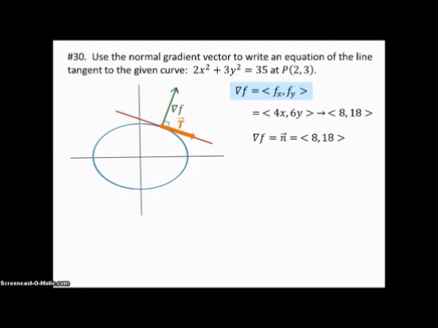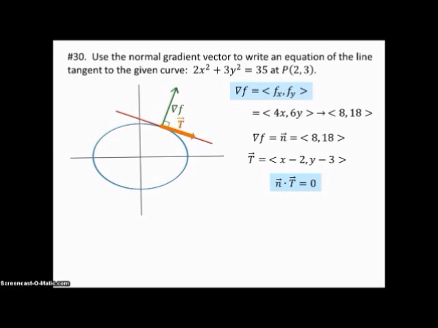And the gradient vector acts as a norm to this level curve. And so there's our tangent vector, by the way. Now see, we're doing this as though it were a plane. We're using the same formulas and method as we did when we were finding the equation of a plane. So we're just pretending it's a plane, but only with two components, and so a plane with two components is a line.